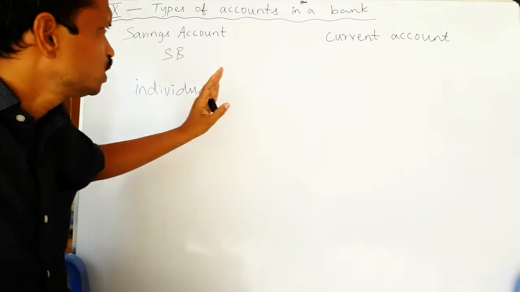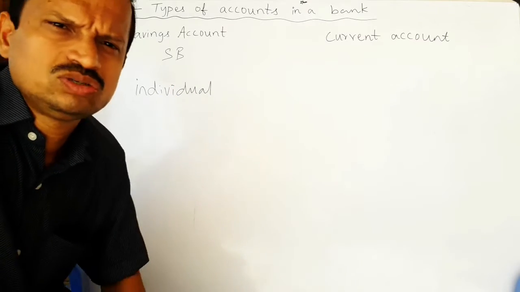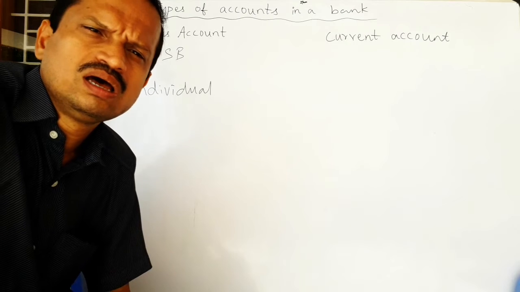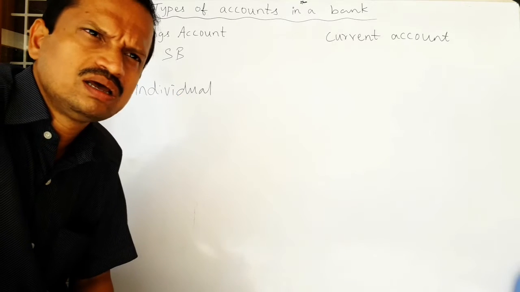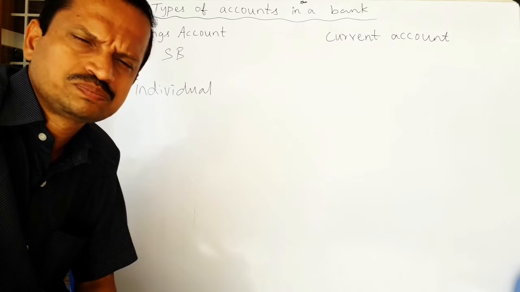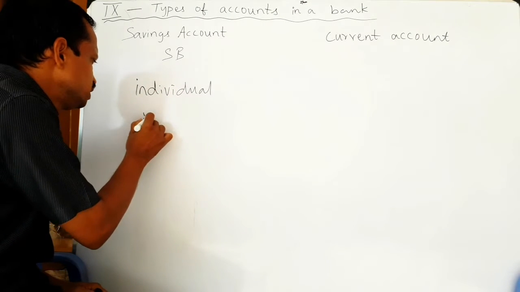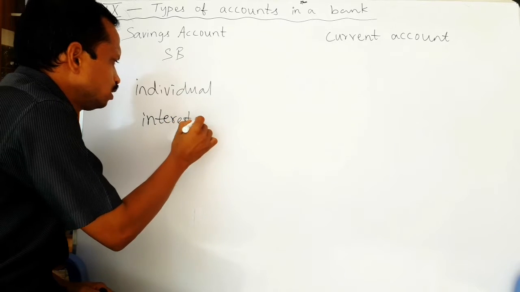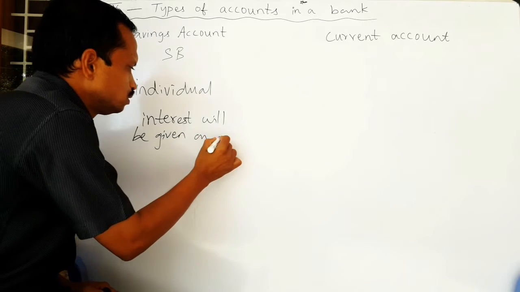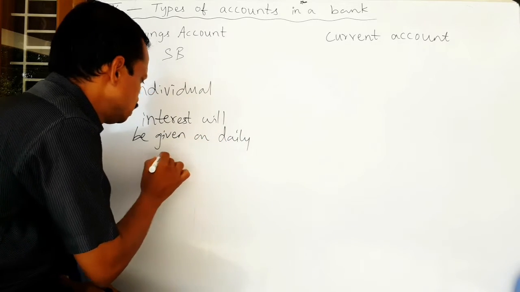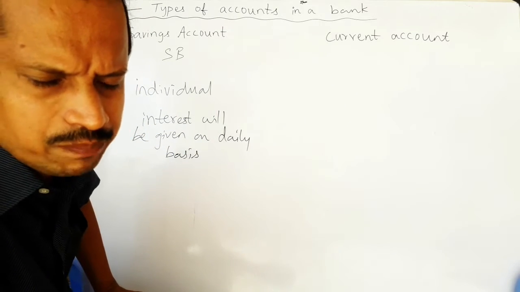The difference between these two is, in a savings bank account, for example, if 10,000 is there, then they will give you interest for the days it stays, and the interest will be calculated on a daily basis for the money in the account.